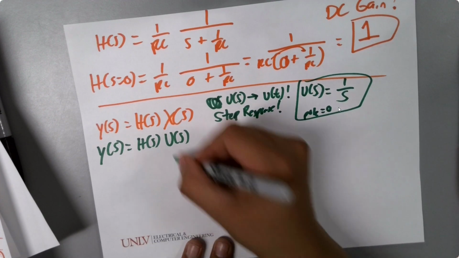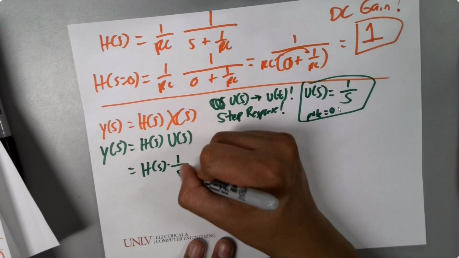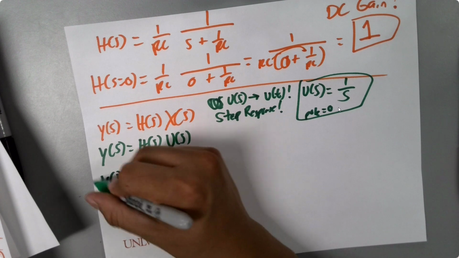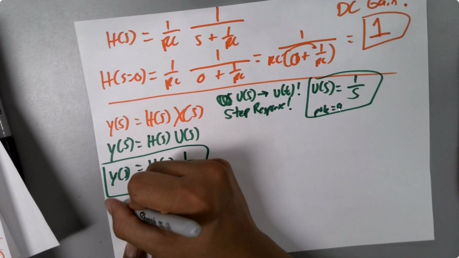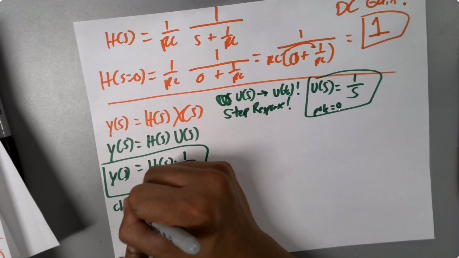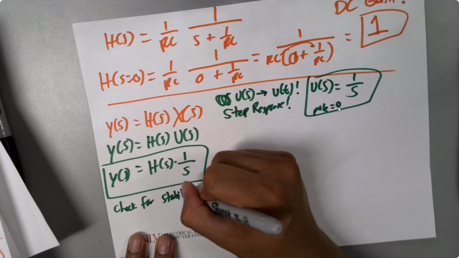So that means all you do is just H of s. That's it. Any system can be solved or checked for stability.